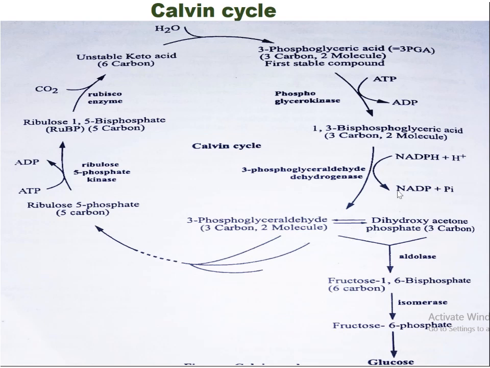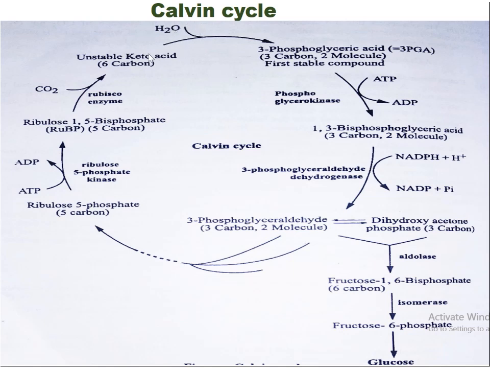So in each round of Calvin cycle, listen very carefully, 6 molecules of carbon dioxide and 6 molecules of water enter into the Calvin cycle.